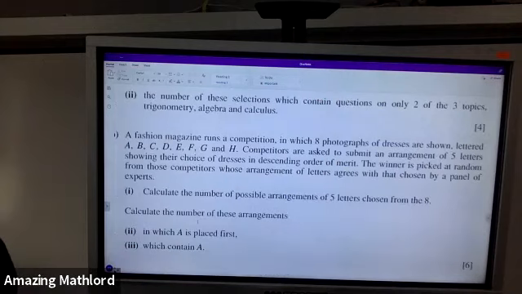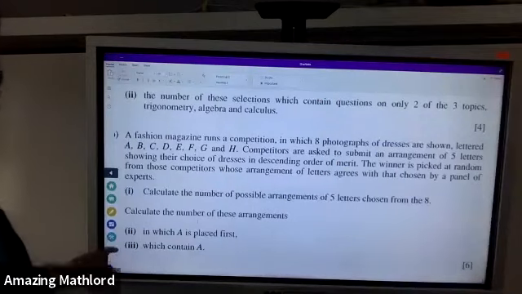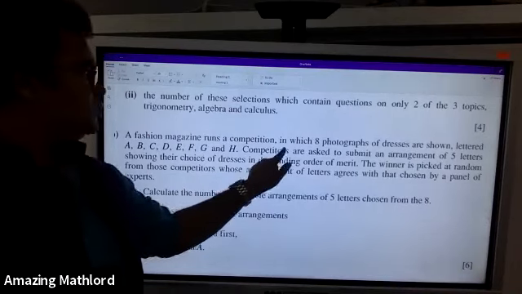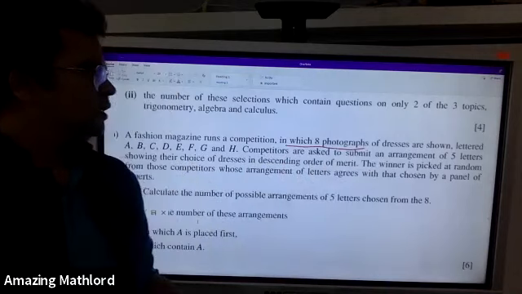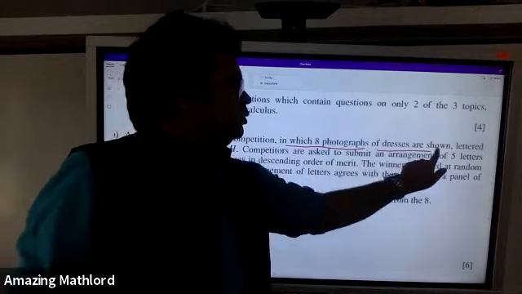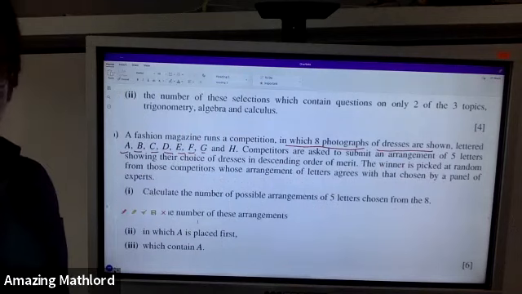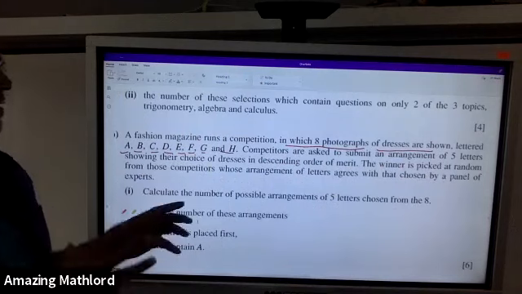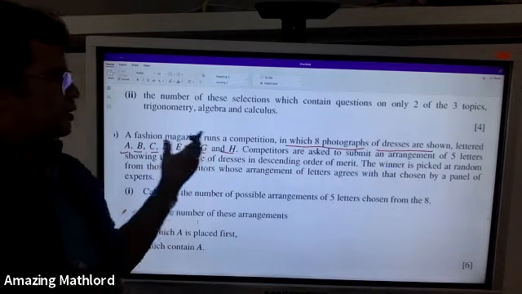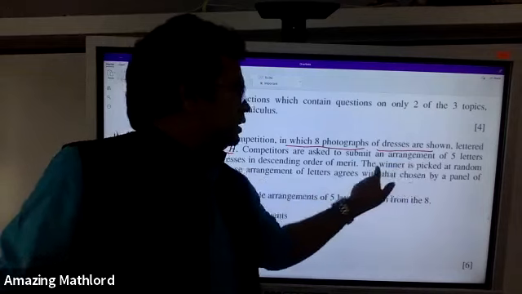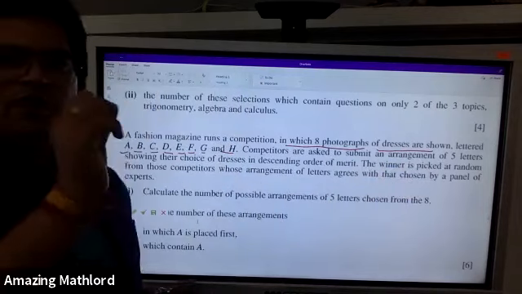So the question here is, a fashion magazine runs a competition in which 8 photographs of dresses are shown, lettered A, B, C, D, E, F, G, and H. Competitors are asked to submit an arrangement of 5 letters.